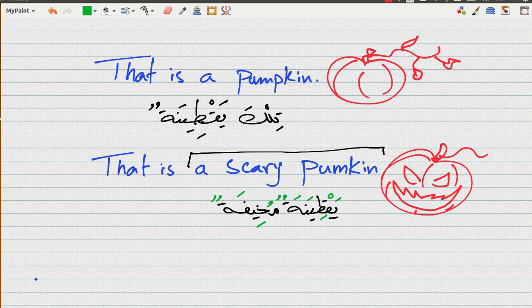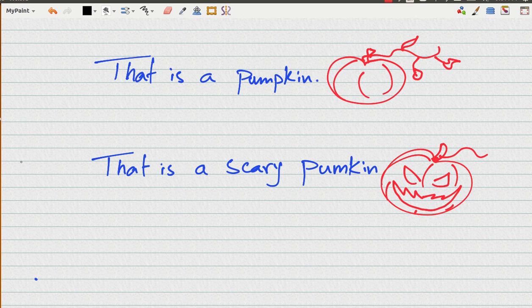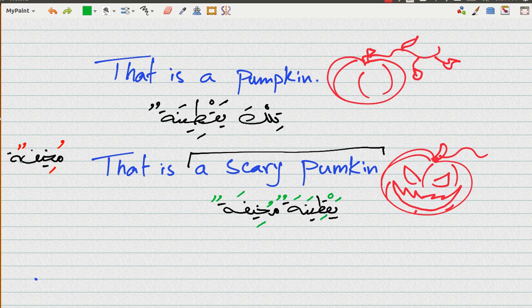A scary pumpkin. The word scary in Arabic is مخيف for singular masculine, and مخيفة for singular feminine. So, a scary pumpkin: يقطينة مخيفة.